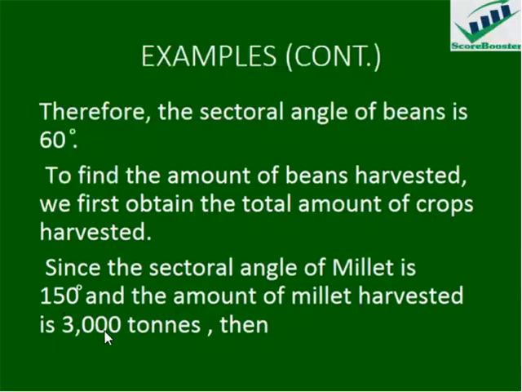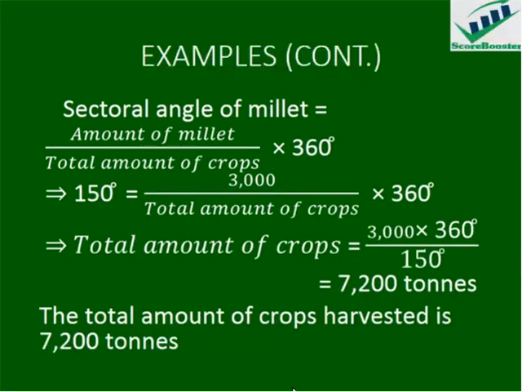So to find the total amount of crops, we'll use the formula for obtaining the sectoral angle. When we want to obtain the sectoral angle of a particular data, it will be the amount of that data over the total amount, that is the total frequency, times 360 degrees.